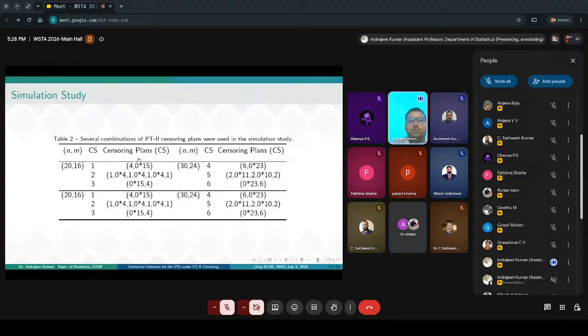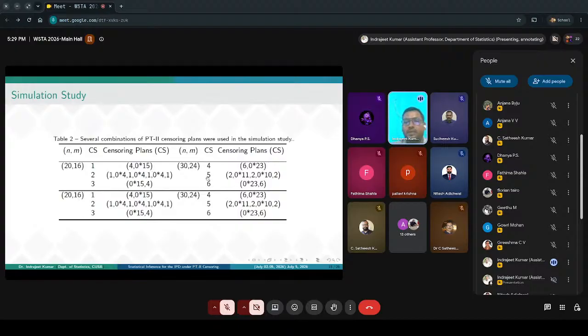These are several combinations of progressive type 2 censoring plans, where n is the number of samples, m is the effective number of samples, the prefixed number of progressive samples, and this is the scheme by which removal has been decided. So these are the several combinations.